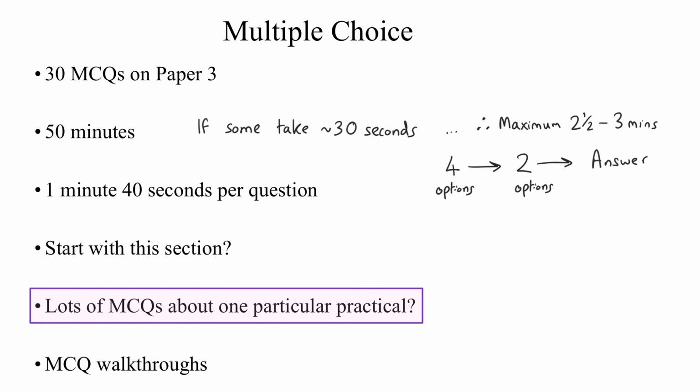If you're running out of time, or if you've spent 3 minutes on a question already, get it down to 2 options and go for a 50-50 and then move on, because there's loads of marks up for grabs on section B. Completing section B can be a bit of a struggle, and some people do struggle with managing their time. And some people tell me that they actually start with section B, give themselves a really strict time limit, and then move on once they've reached that limit.